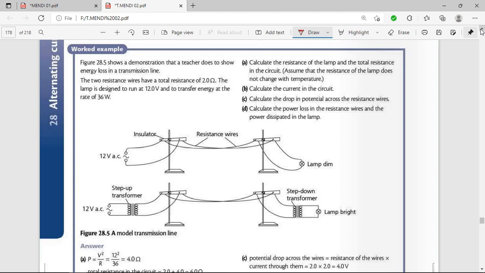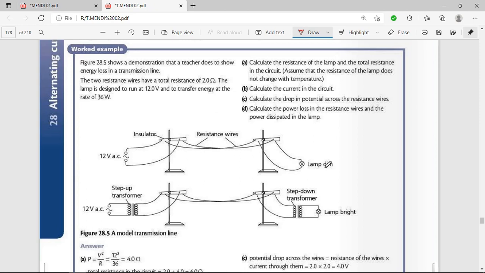B, calculate the current in the circuit. C, we also need to calculate the drop in potential difference across the resistance of the wires. We also need to calculate the power loss in the resistance, the power dissipated. As you can see here, we want to find the resistance of the lamp.